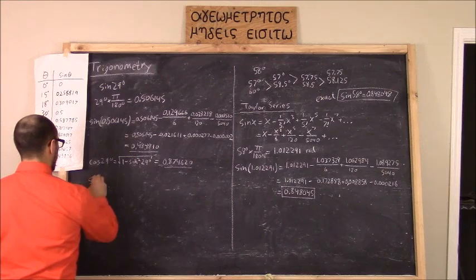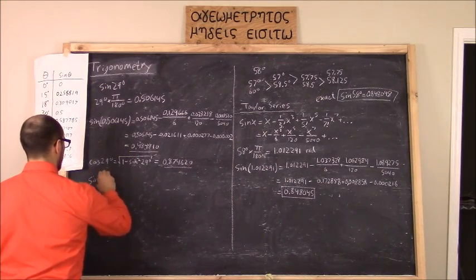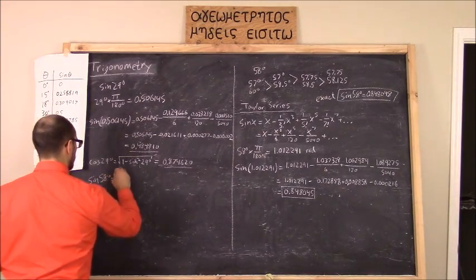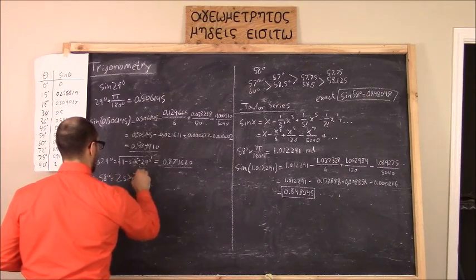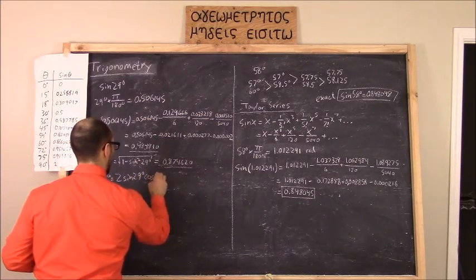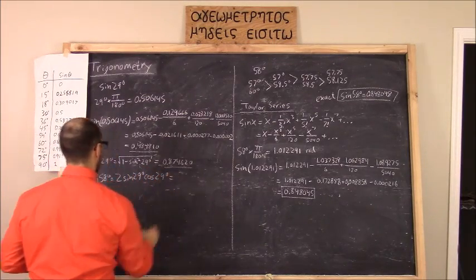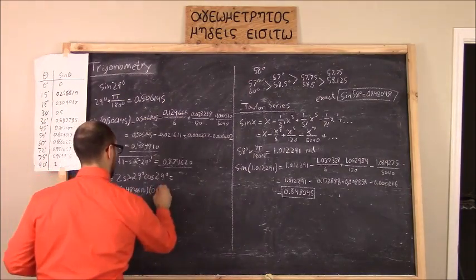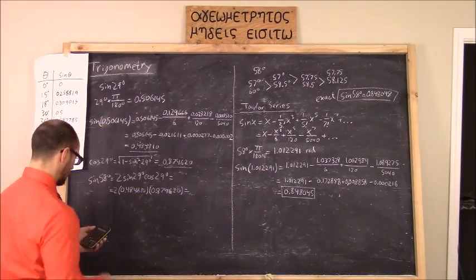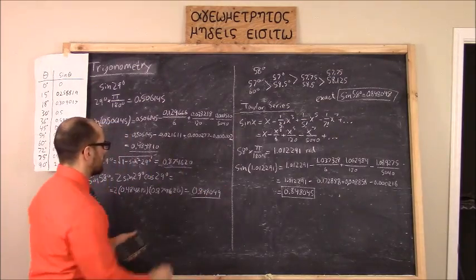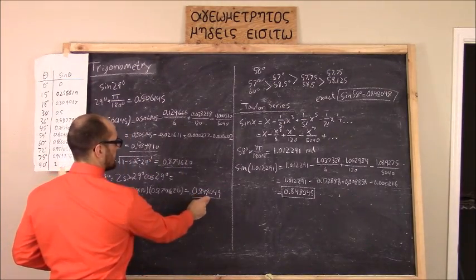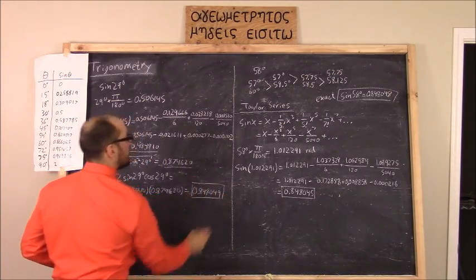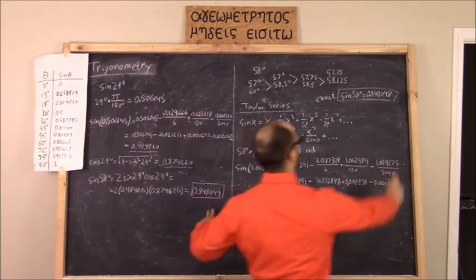Now, using my trig identity that sine of 2 theta is equal to 2 sine theta cosine theta, I get 0.848049. All right, how does that compare?